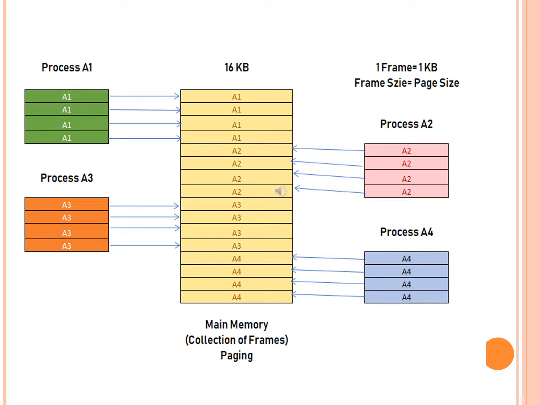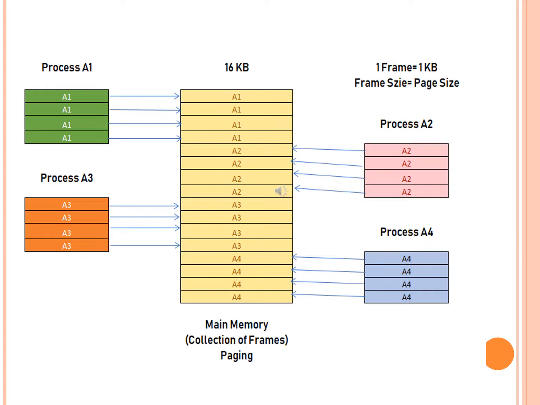The figure shows the main memory size is 16 KB and the frame size is 1 KB. Here the main memory will be divided into a collection of 16 frames of 1 KB each. There are 4 separate processes in the system, that is A1, A2, A3 and A4, of 4 KB each.